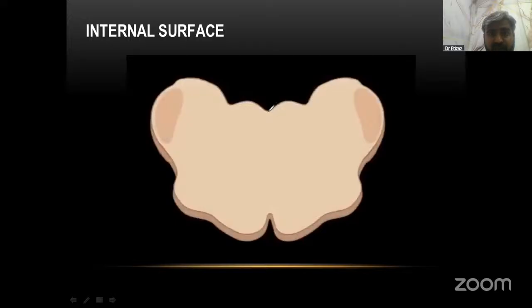I have drawn one line, then it will be easy. This is the anterior part. This is the posterior one. Now it will be easy for us to localize all structures.